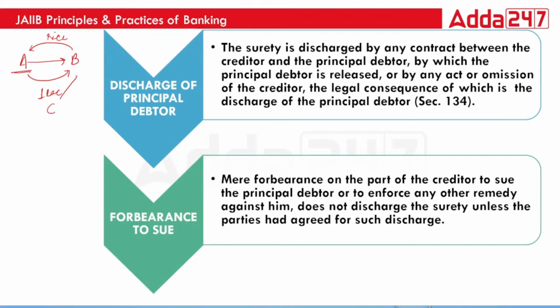Here, if C had given surety and A gets discharged, C also gets discharged of his duty. Here B is called the creditor and A is called the principal debtor.